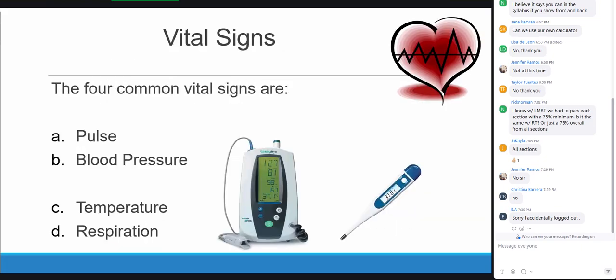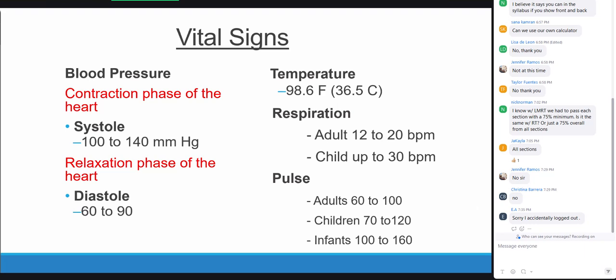Moving into our vital signs. This is where our slides get a little redundant, but that's okay. The four common vital signs, of course, being pulse, blood pressure, temperature, and respiration. Normal levels. For blood pressure, the systolic measurement deals with the contraction phase of the heart.